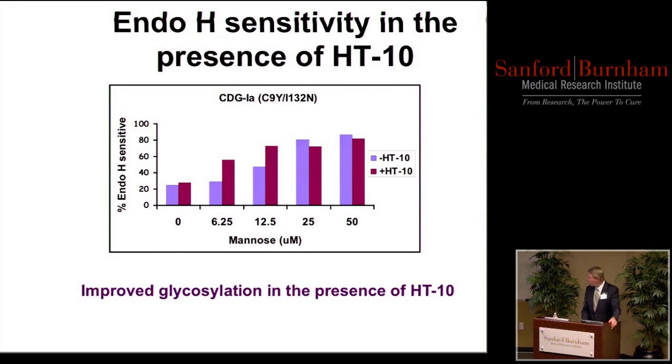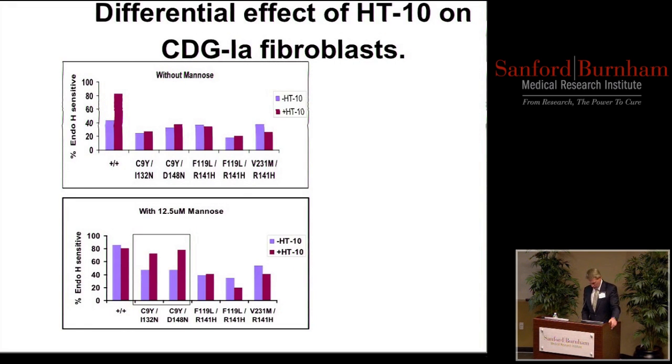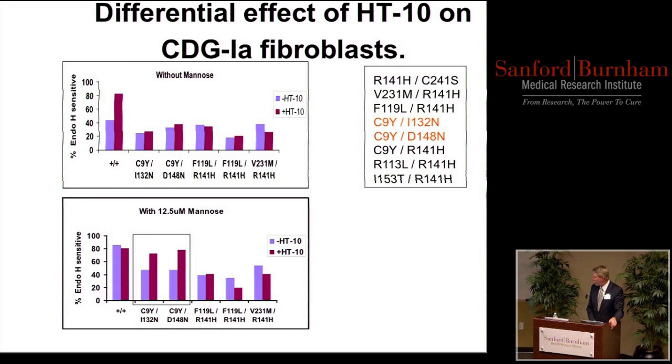So we were quite happy to see that, and in fact, we looked at a number of other different CDG lines, and we found that these two were especially good, but as you heard in Brandon's talk, not every patient mutation would respond equally to therapy. So these two responded quite well. A number of these other ones haven't, and we still have more to check.